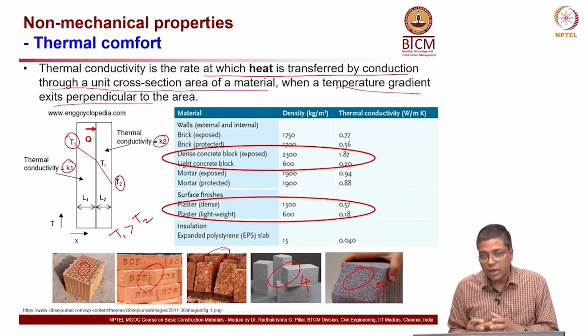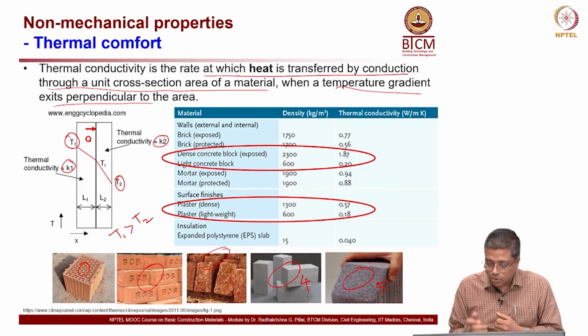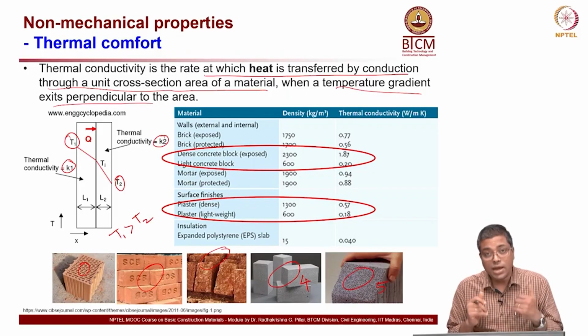It is made by mixing the concrete with alumina powder, and during the reaction hydrogen bubbles are formed, so you have a lot of well distributed air bubbles inside the brick. That is a very lightweight brick, and it also helps in preventing the exchange of heat from one side to the other, both heat and noise.